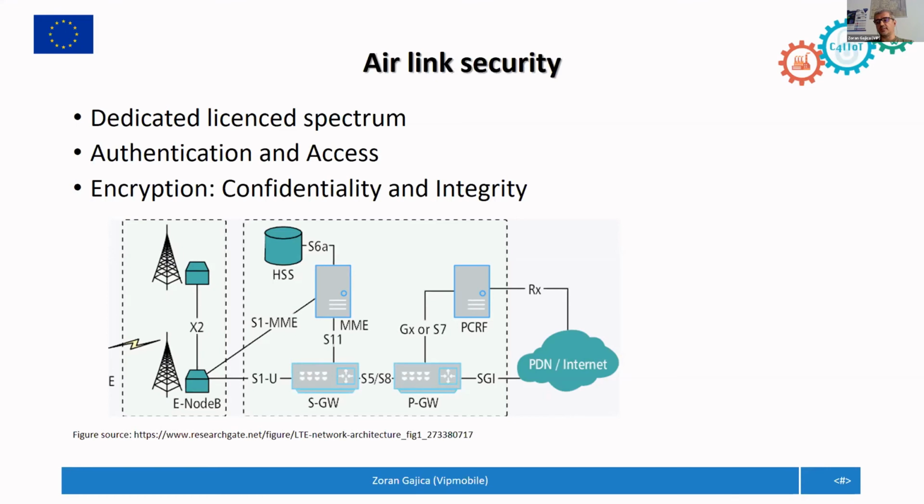Ciphering or encryption will be performed to protect the data from eavesdropping, from being received by a third party. So it's basically confidentiality, and integrity protection will allow us, let's say, to detect packet insertion or replacement, to check the integrity of the messages, to authenticate the signal messages. And ciphering is, Dragan, you can switch to the next slide.